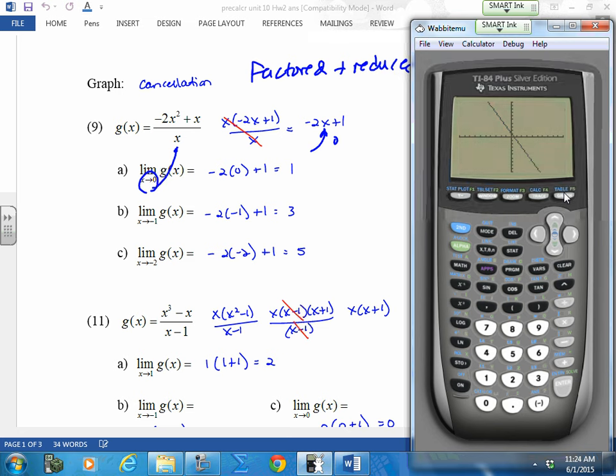And if I again looked at my table, I would see the error. If I narrowed it down and I looked about this, eventually I'll find it. You see it come to the same point? It's approaching 1 from either side.